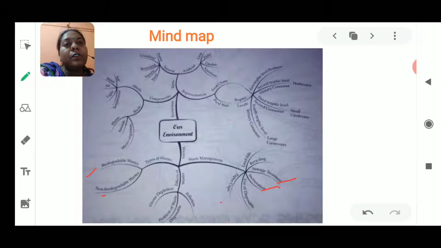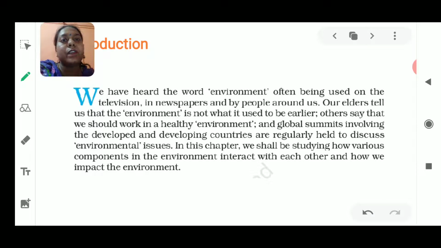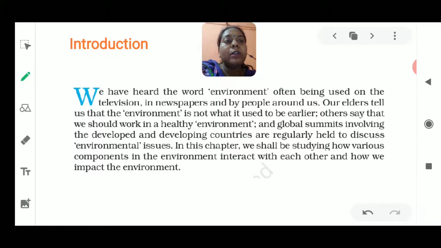We'll start with the first topic, that is the introduction of this chapter. Okay children, the very first thing which comes to your mind is the word environment. This environment is a very important term in respect of human beings, as we are all living creatures and we all need this environment at each and every part of our life.